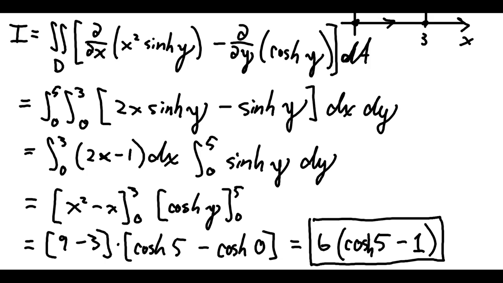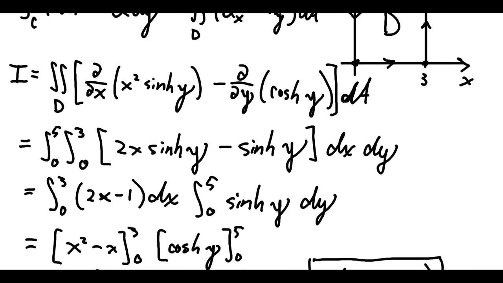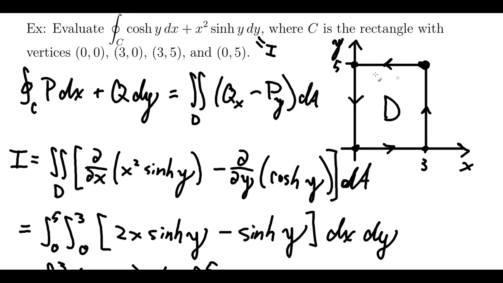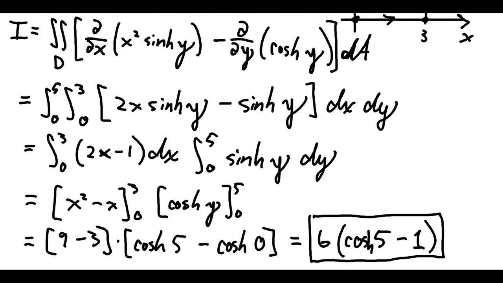This uses some relatively advanced theory, but especially if you have Green's theorem on hand to reference, it's fairly straightforward. You just plug things in, evaluate, and that was a whole lot easier and quicker than evaluating the line integral directly, which again, you could do here.